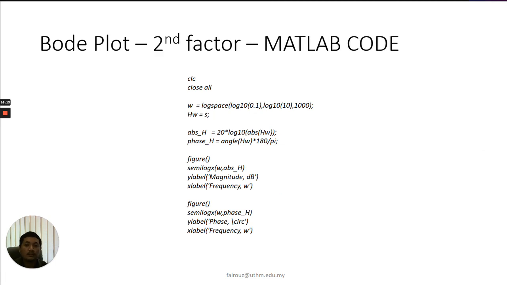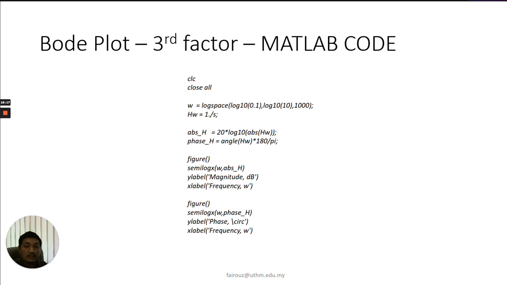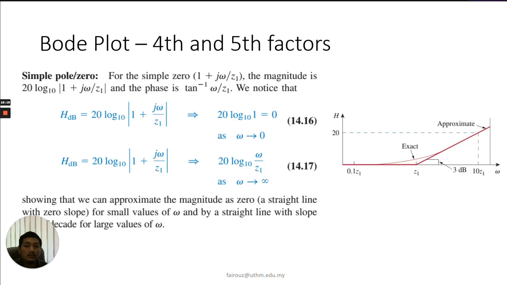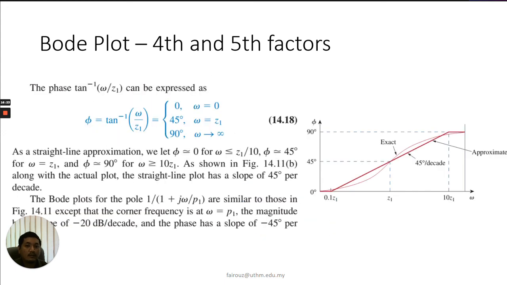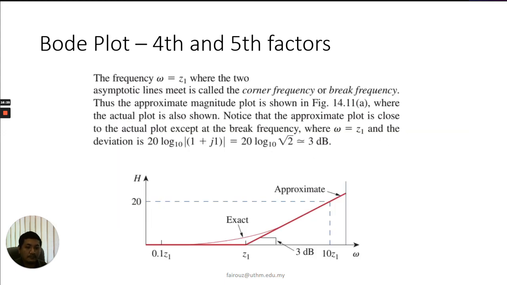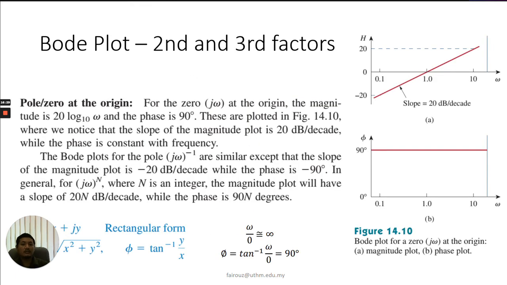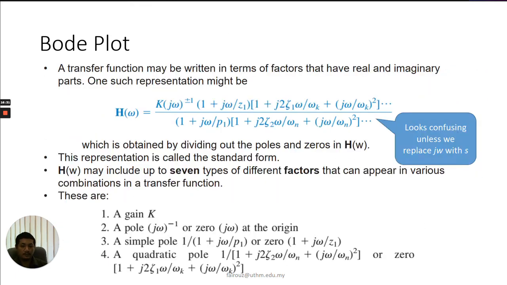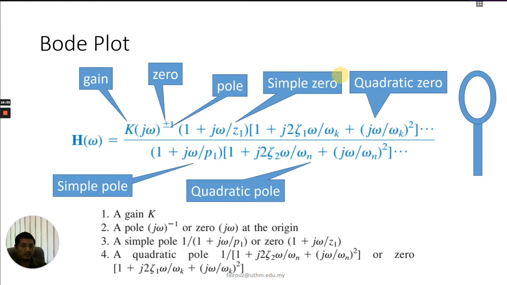And this is the MATLAB code for plotting the second and third factor, the zero and the pole. And let's look at the fourth and fifth factor, the simple pole and simple zero.